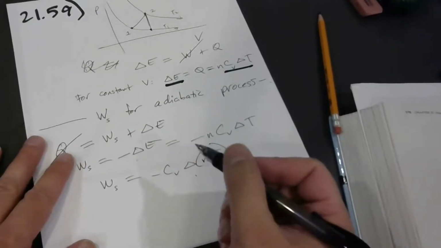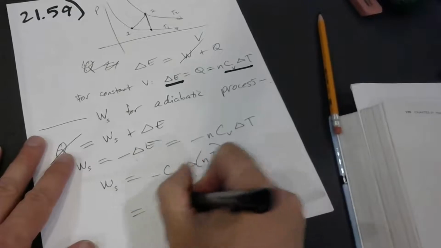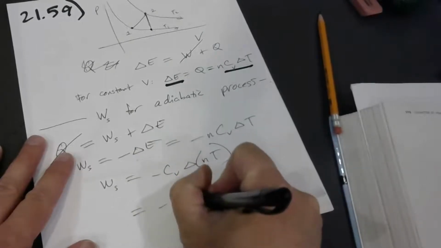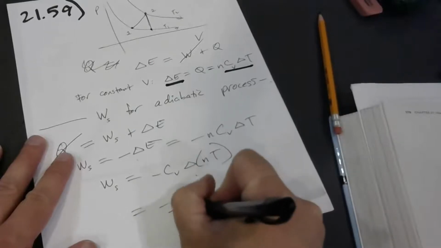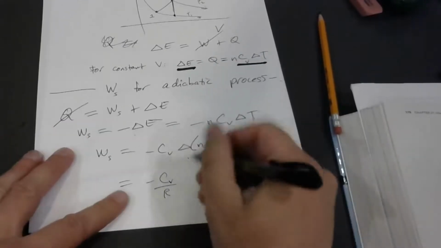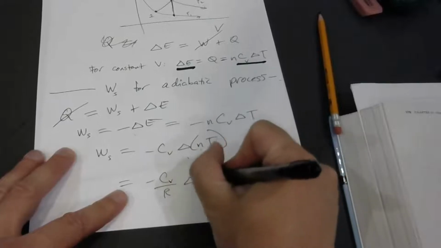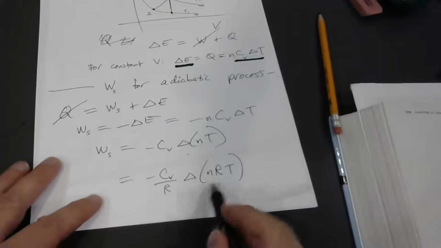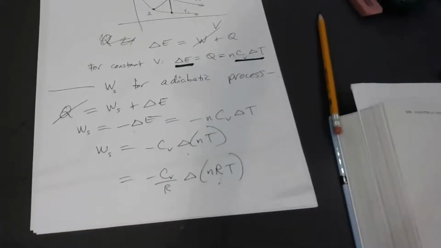And then I'm going to do something further. Let's try this, CV over R. I've divided by R, and I have to pay for that by multiplying by R. And again, because R is a constant, it doesn't change. You can also put that inside the delta. This is a lot like how you can pull a constant in and out of a derivative.